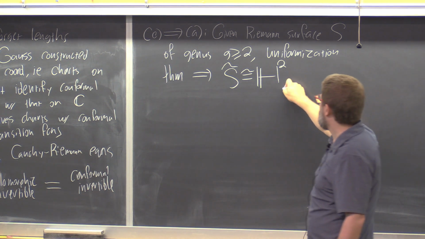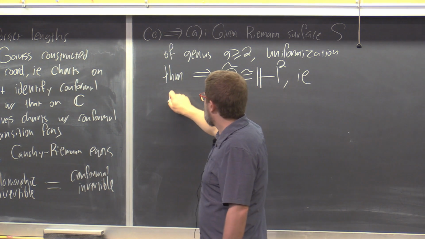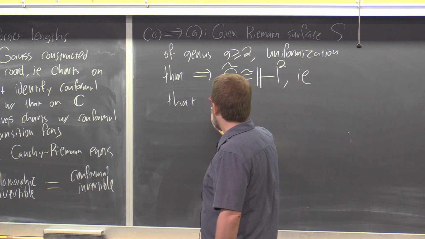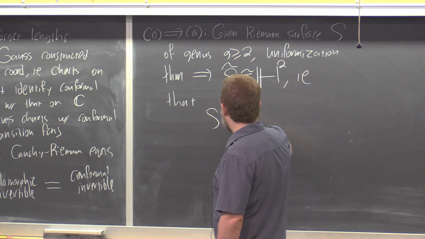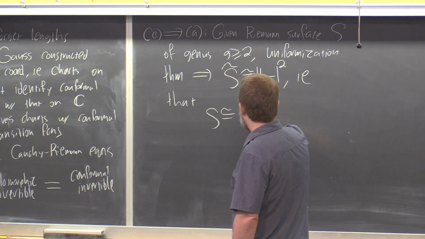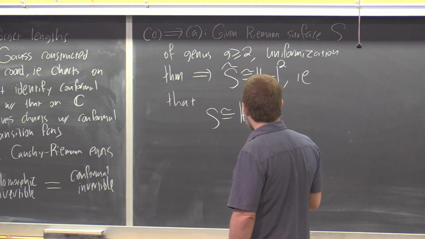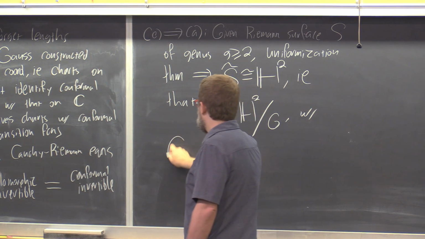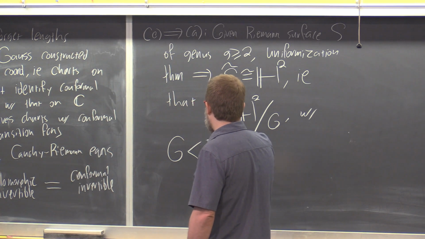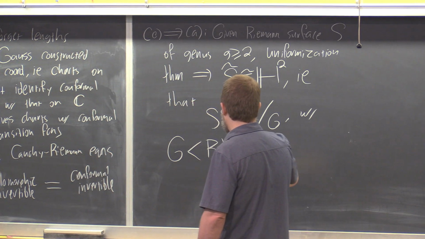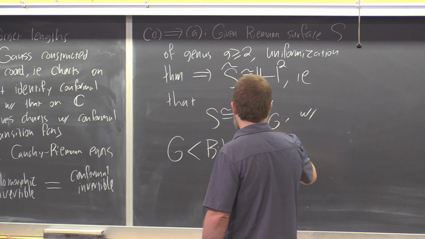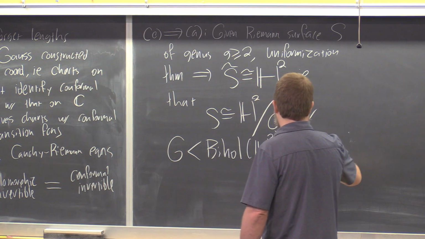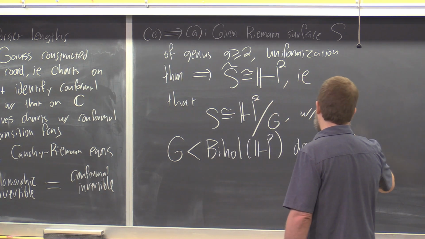I.e. that S is isomorphic as a Riemann surface to a quotient of H2 by some group Γ inside the group of biholomorphisms of H2, a discrete subgroup.